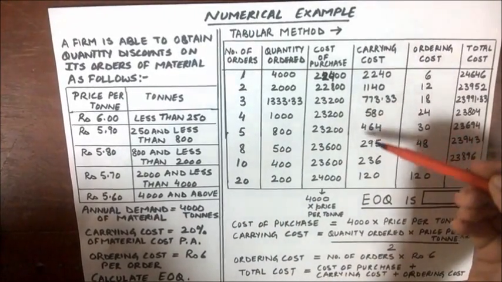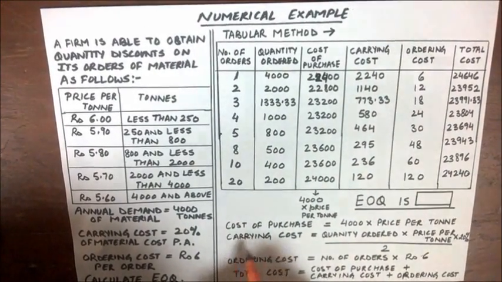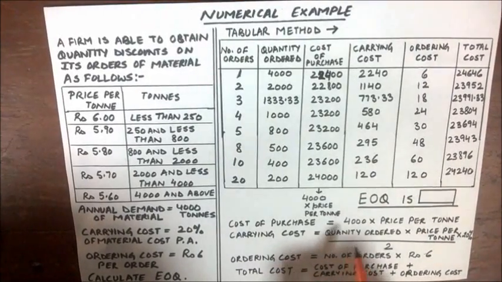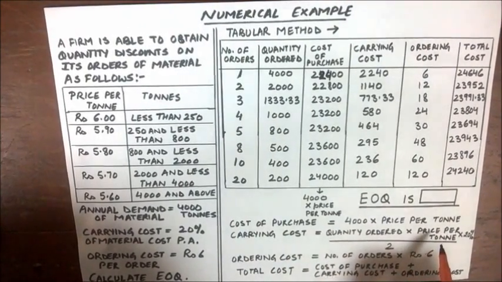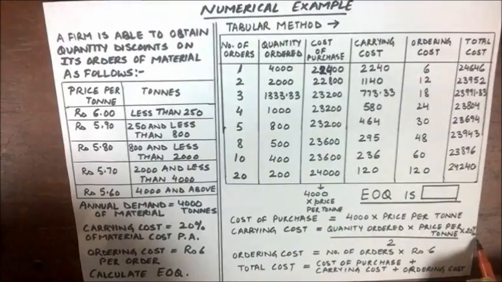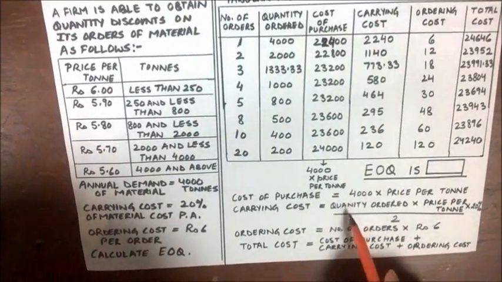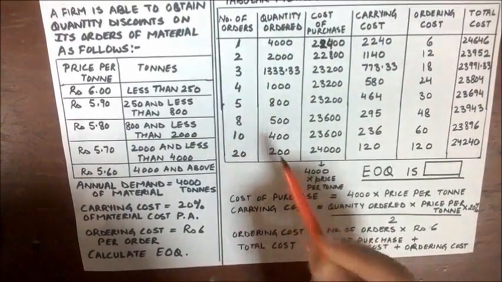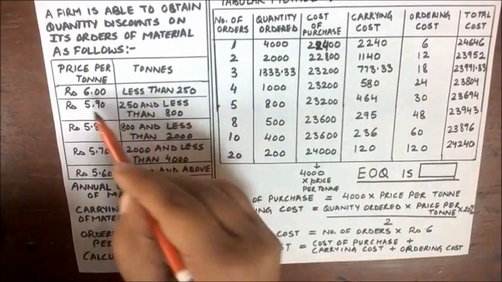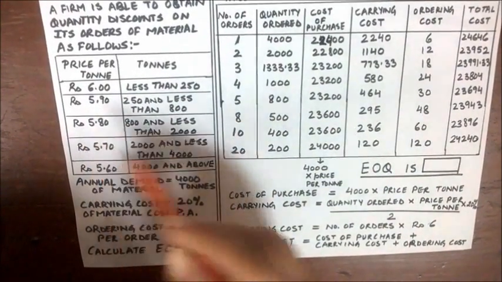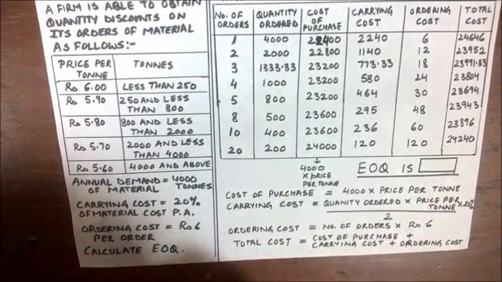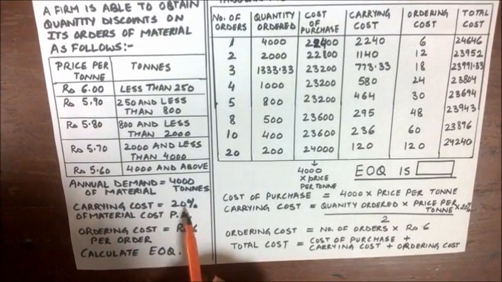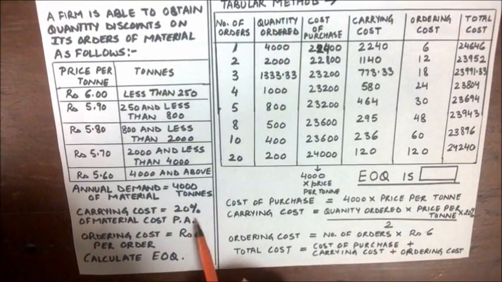Next, we are going to calculate the carrying cost. The carrying cost is calculated by the formula: quantity ordered into the price per ton upon 2 into 20%. Quantity ordered is given here. The price per ton would again be determined depending upon the discount schedule. 20% because it is mentioned that the carrying cost is 20% of the material cost per annum.